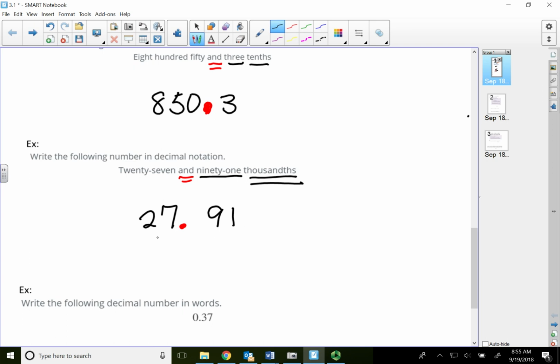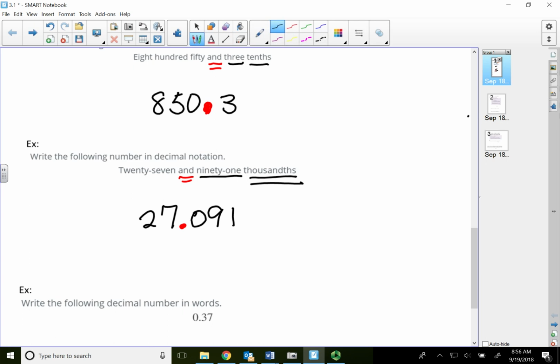So if I write this as my final answer, the 9 will be the tenths because that's right after the decimal. The 1 will only be the hundredths, which is not right. The 1 needs to be in the thousandths. So that means we need to add 1 additional place in front of the 9.